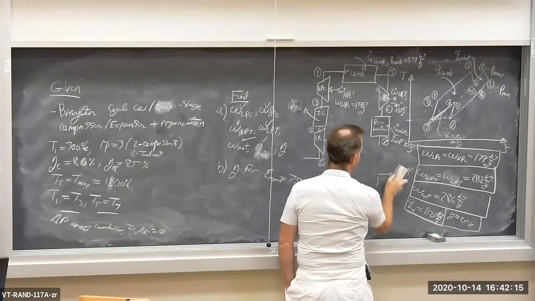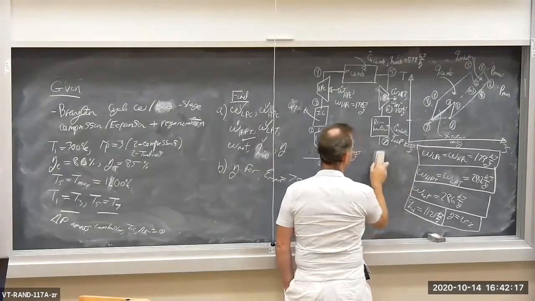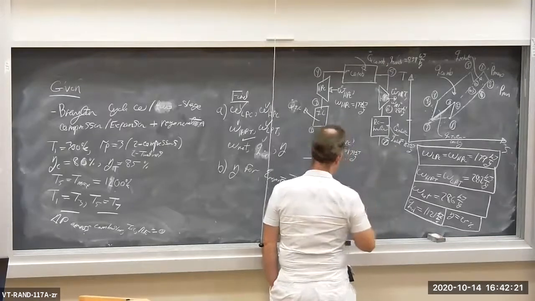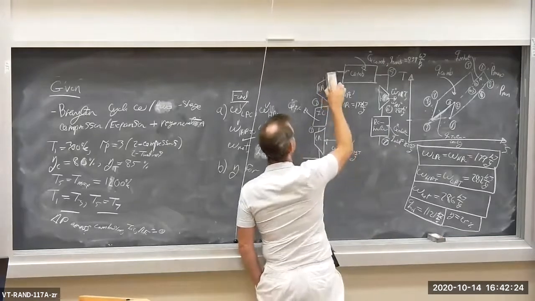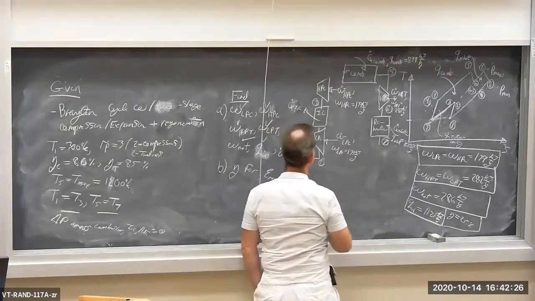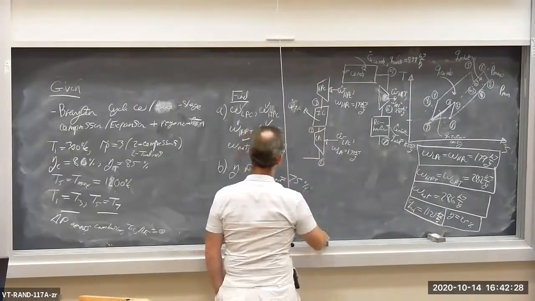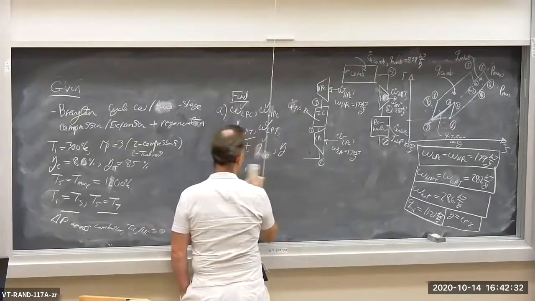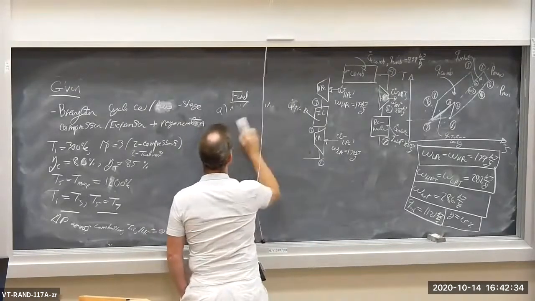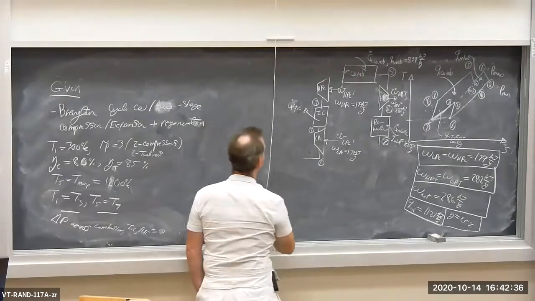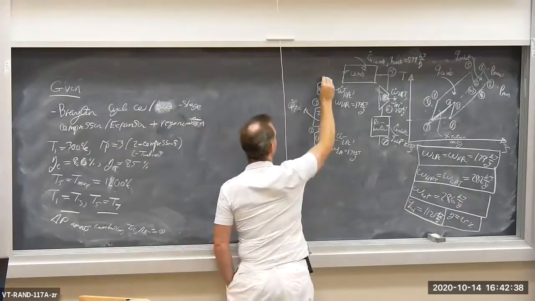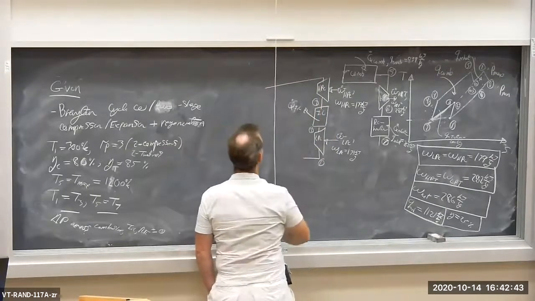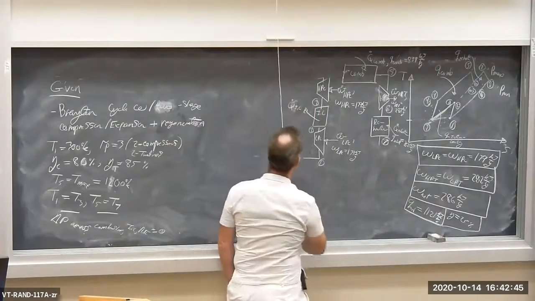We know all these numbers. Remember, our regenerator efficiency is 75%. I think I'm going to move this stuff all over. Not a lot of room. I guess I'll leave it up here.